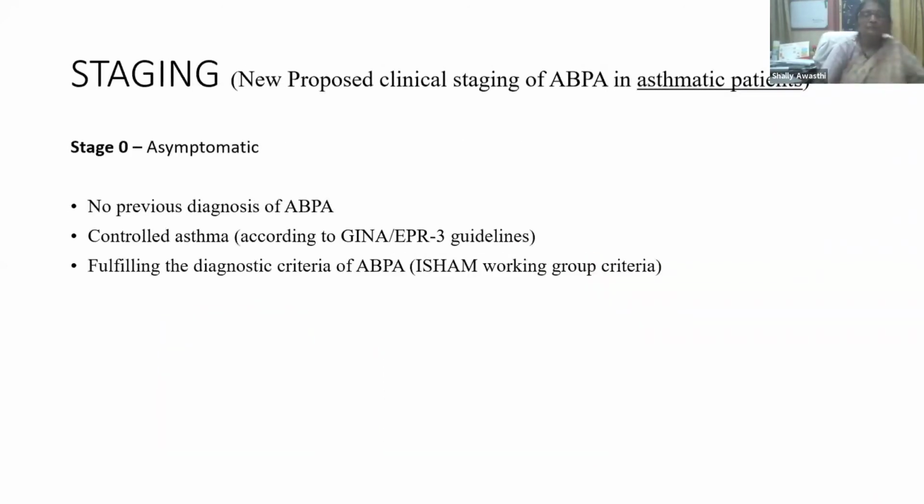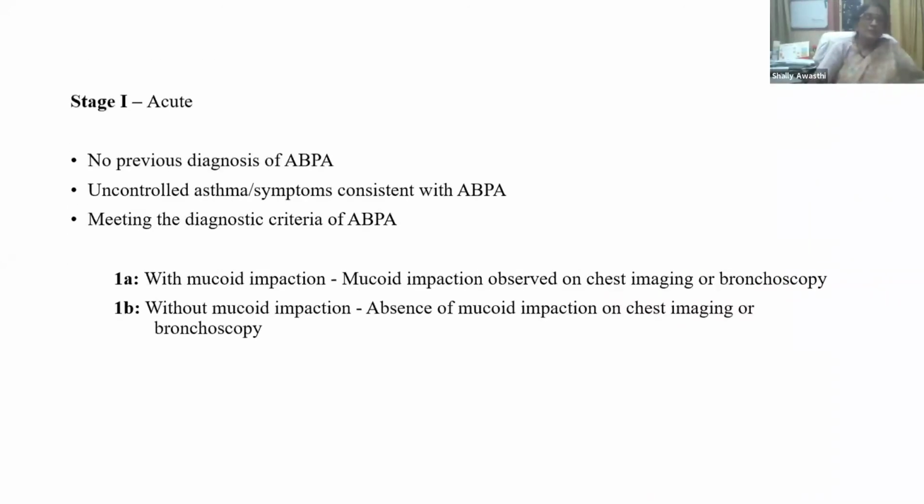with patients. Now there is in asthmatic patients a staging criteria, which has made the initial 1974 criteria perhaps defunct. Stage 0 is asymptomatic, no previous diagnosis of ABPA, but the patient has fulfilled the ISHAM working group criteria and is controlled. Stage 1 is acute stage, no previous ABPA, uncontrolled asthma, meets the diagnostic criteria, could be with mucus impaction, without mucus impaction.